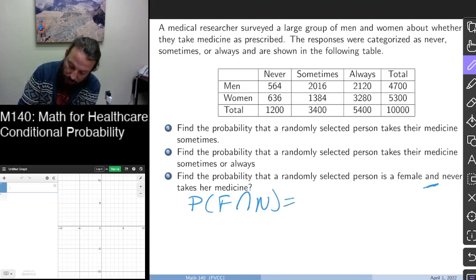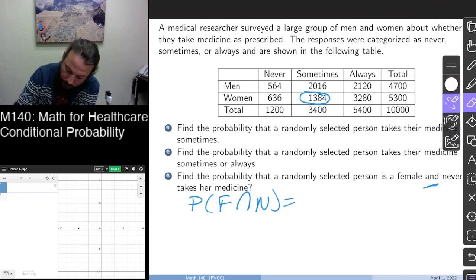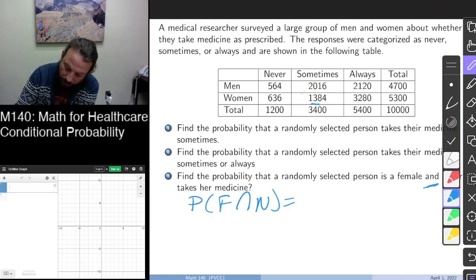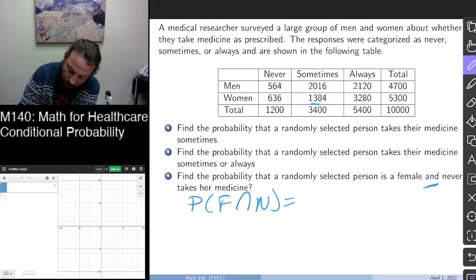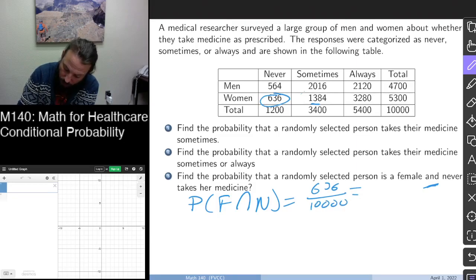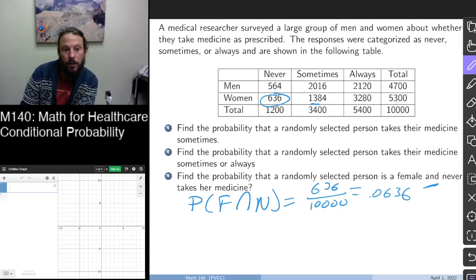In the chart, the intersection of female and never is right there. So this is equal to 636 over 10,000, which is 0.0636. Okay, so that's intersection. We have and. Now, we've got to be tricky here.